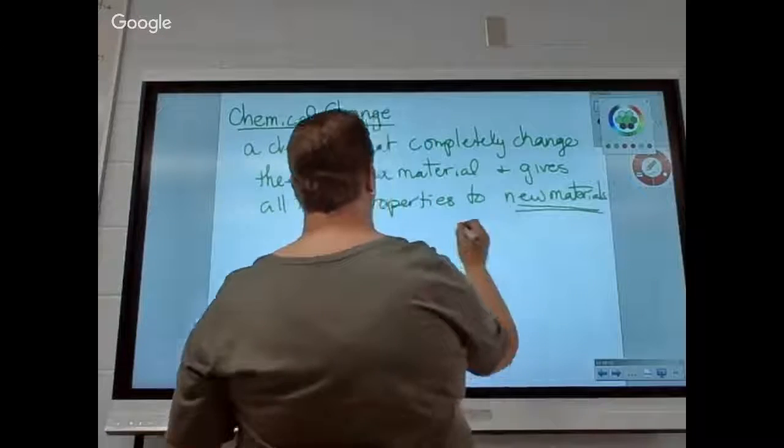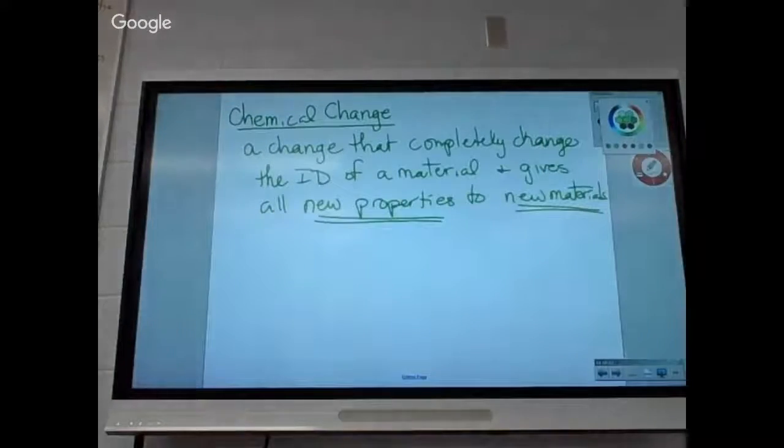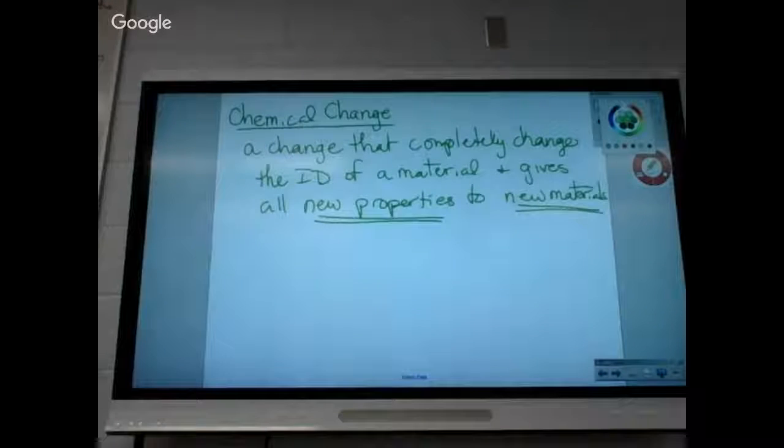So you're getting new materials and you're getting new properties. Nothing you started with is going to be left, and nothing you started with is going to have any of the properties that you had. Okay? Everything is changing. Everything is going away.